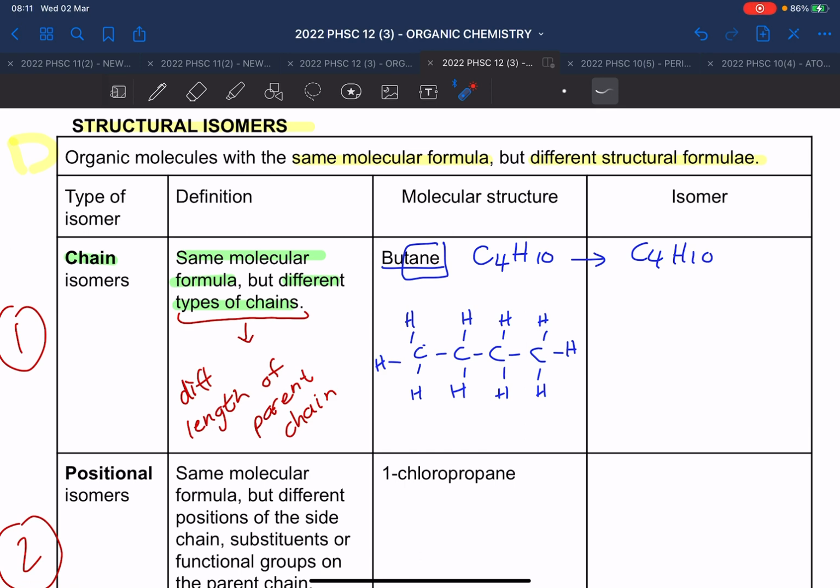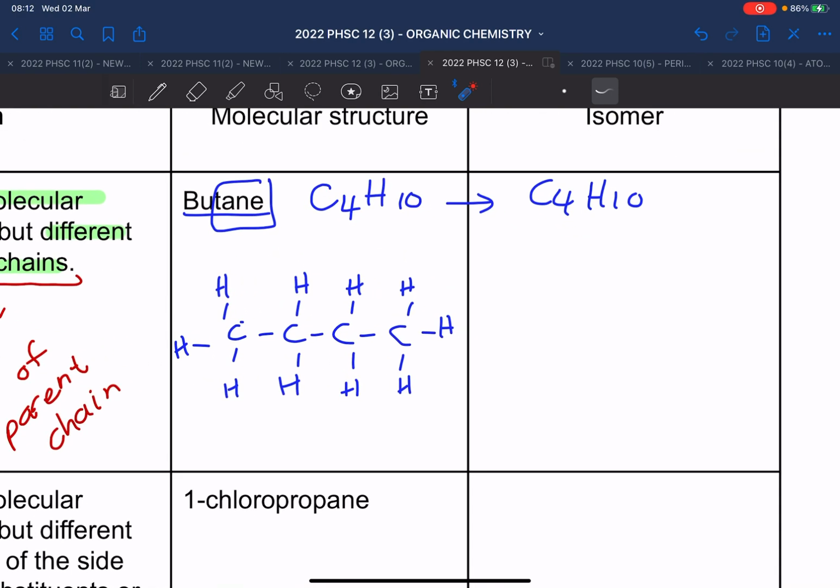So you can still have 4 carbons, just not 4 on your parent chain. So we can have 1, 2, 3, so 3 carbons on our parent chain. And then the 4th carbon will be on a side chain. Then I have 4 carbons. The molecular formula is the same.